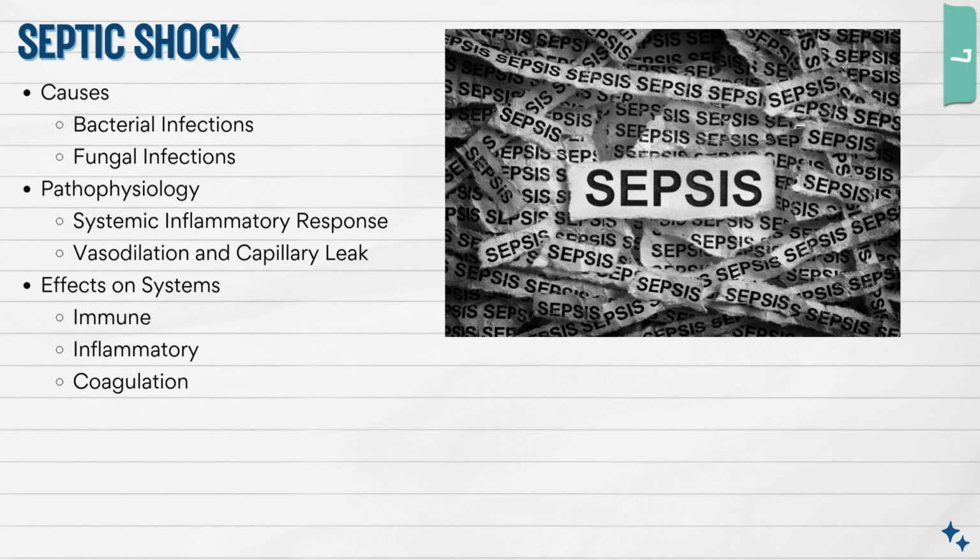Okay. This is going to affect multiple systems. The immune system becomes dysregulated because it cannot contain the infection effectively. The inflammatory response damages the tissues and organs. Coagulation systems may be activated inappropriately, leading to microclots, which that's DIC. We're going to talk about that a little bit later.